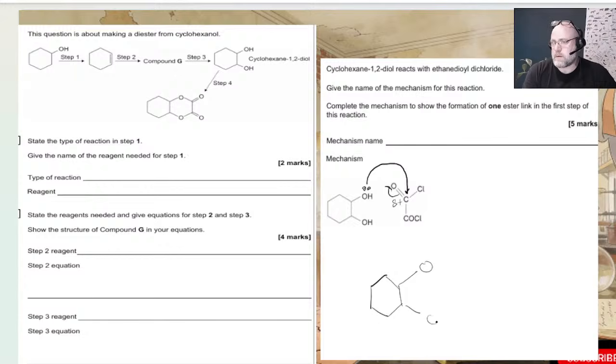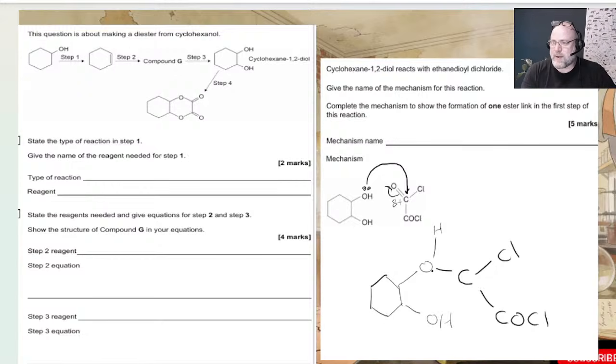That's going to be connected to the carbon. I've got my Cl, I've got my COCl.